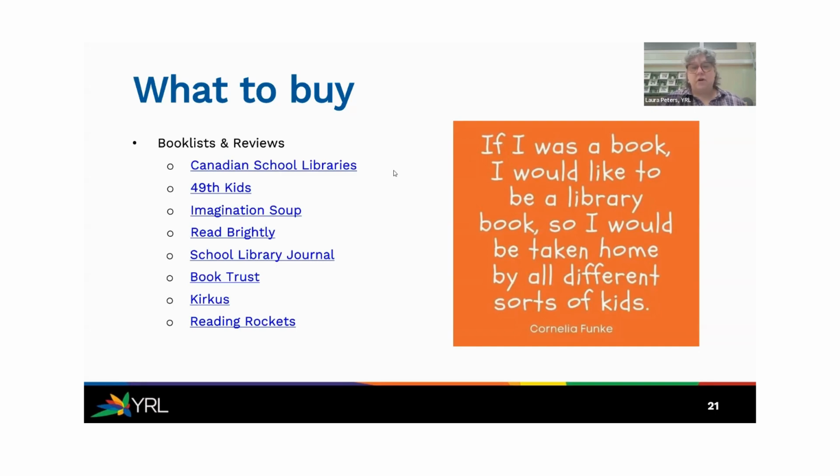So some of the ones that are kind of my favorites that I've chosen to share here is the Canadian School Libraries website, which is a mishmash of a tremendous amount of information, but they do have really fantastic book lists. They also contain reviews, and they also help to provide some tips and tricks in how to navigate through what sometimes feels like a vast ocean of material that's available.